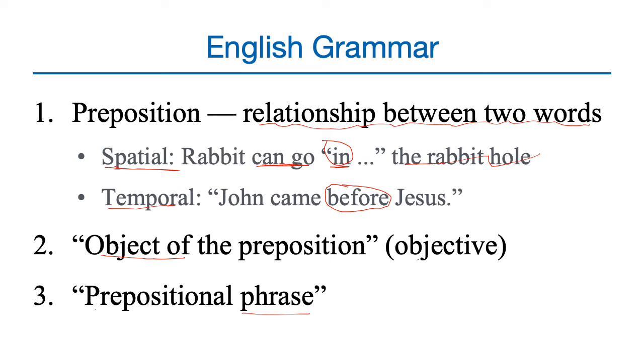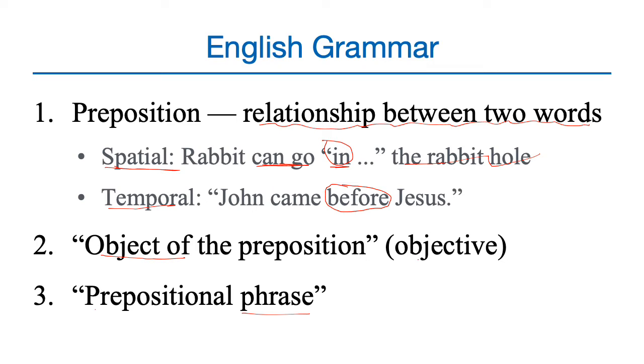English grammar is very important for understanding Greek grammar as well. In English, a preposition shows the relationship between two words. It shows how two words are related together. Now there is a spatial relationship, which means showing where somebody can go to.